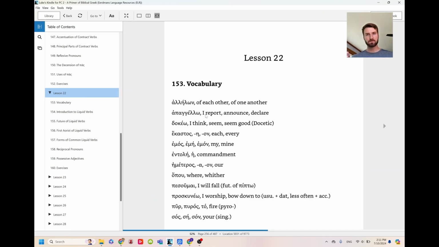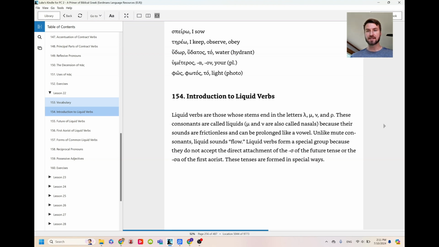Lesson 21 was about contract verbs, and those are verbs that end in alpha, omicron, or epsilon. Now, lesson 22 is going to talk about liquid verbs, and these are verbs that end in lambda, mu, nu, or rho.